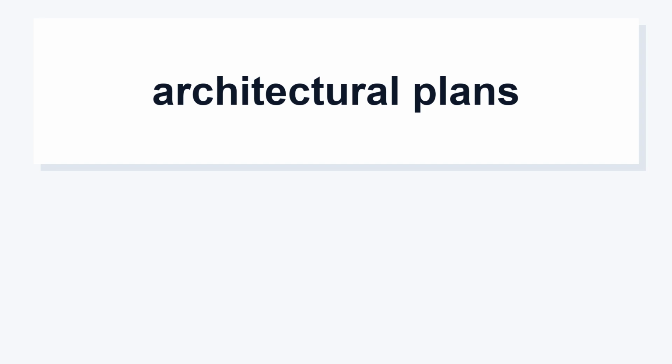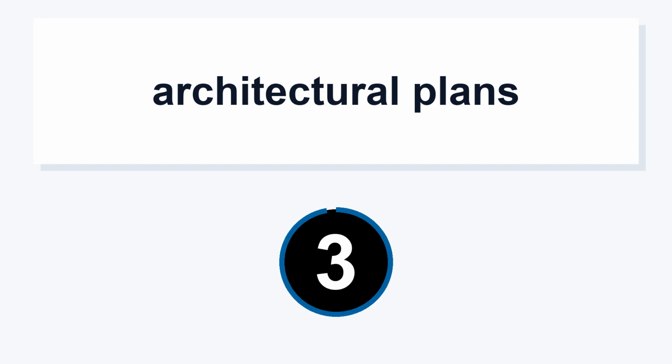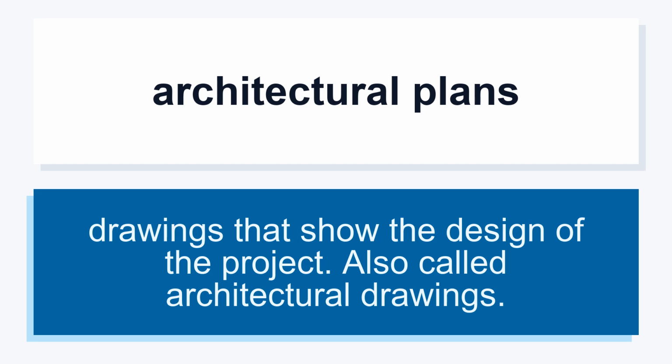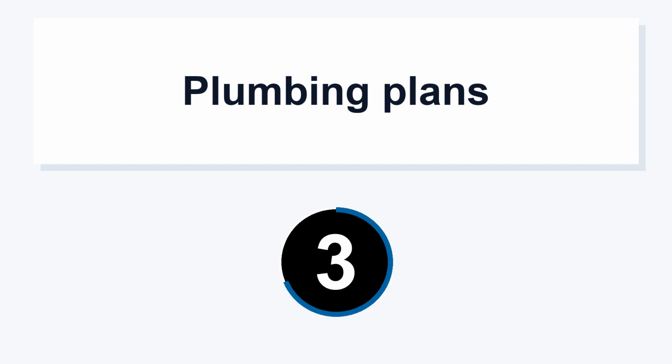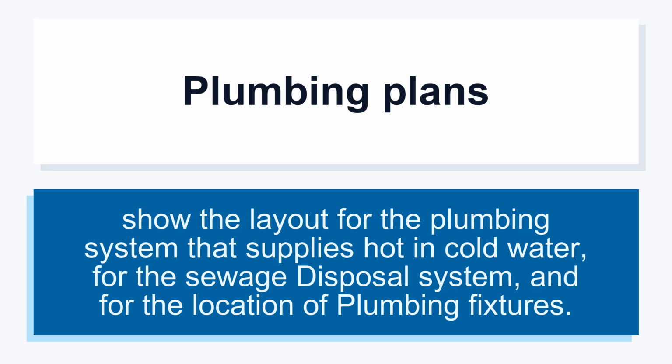Architectural plans. Drawings that show the design of the project, also called architectural drawings. Plumbing plans. Show the layout for the plumbing system that supplies hot and cold water, for the sewage disposal system, and for the location of plumbing fixtures.